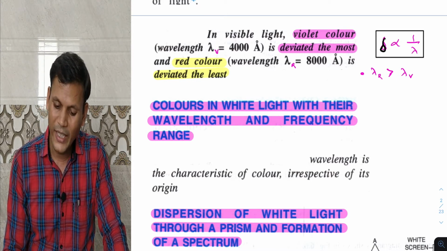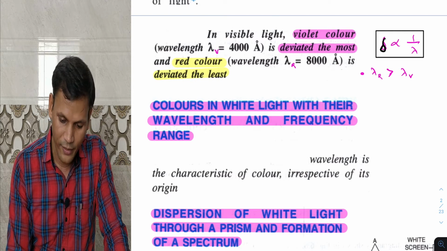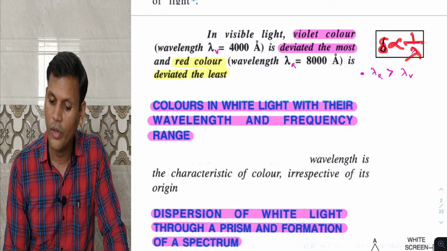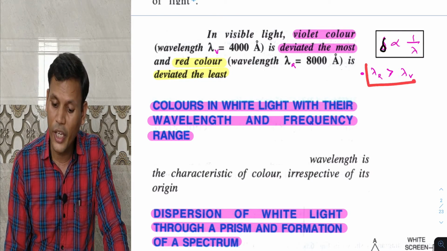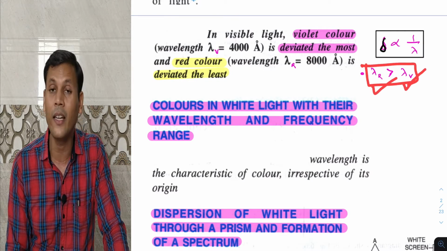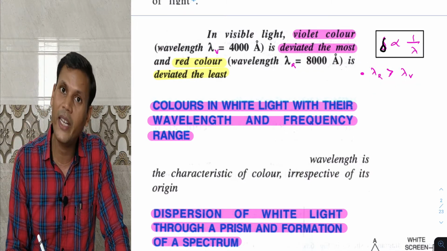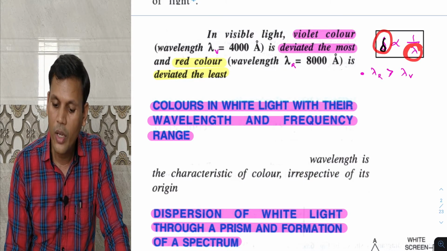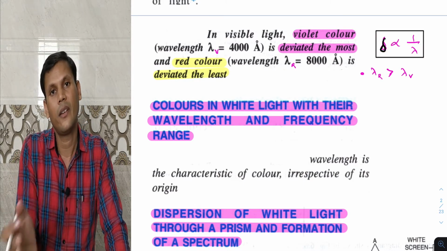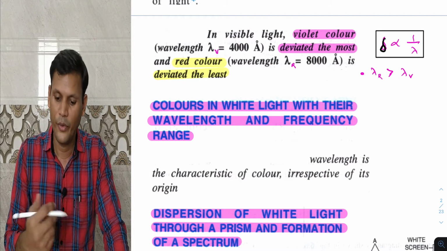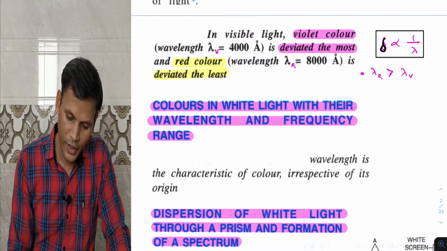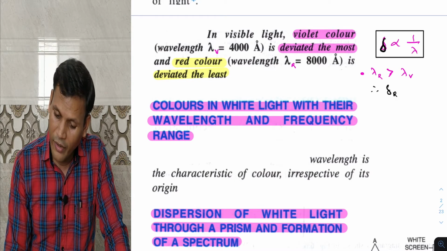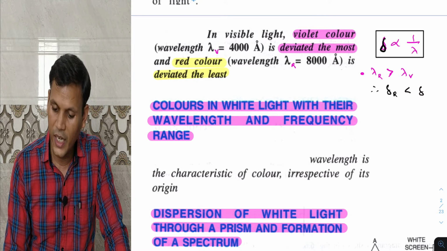And what we have observed over here, delta is inversely proportional to wavelength, and we are talking if wavelength of red color is greater than wavelength of violet light. So we are talking about the wavelength, so delta will be just reverse of that. Therefore we can say delta r will be less than delta v.